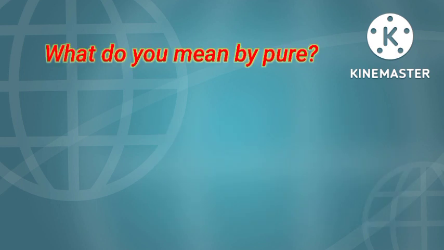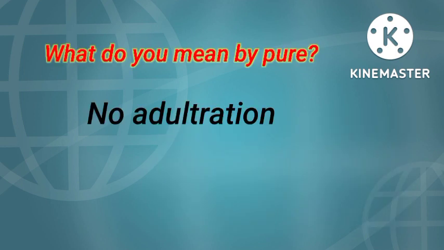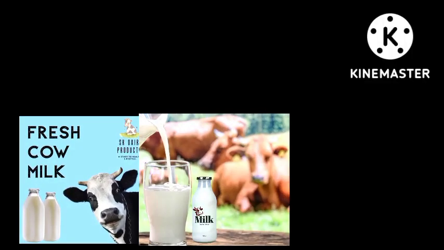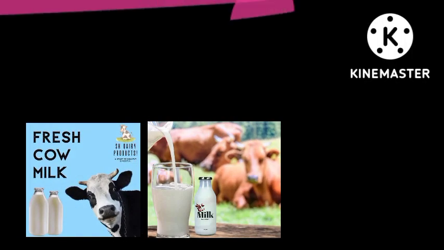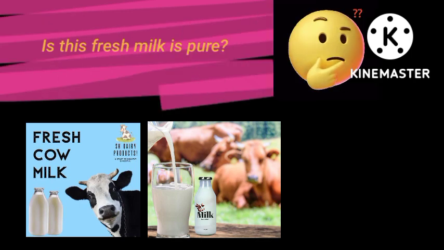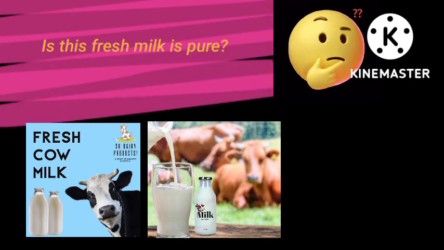Then what do you mean by pure? Pure means no adulteration. If I give you fresh milk from a cow, then what will you tell? Is this fresh milk pure? Yes, you will tell it is fresh, it is pure.